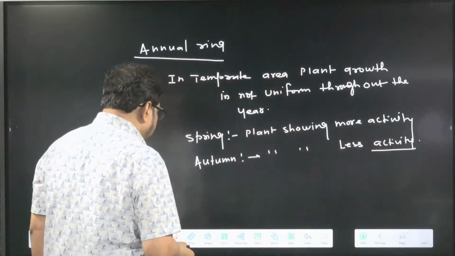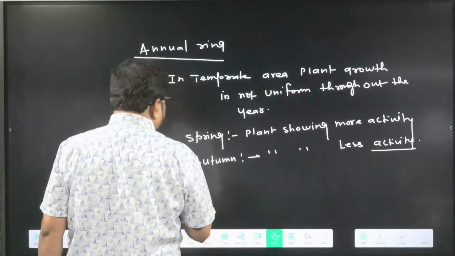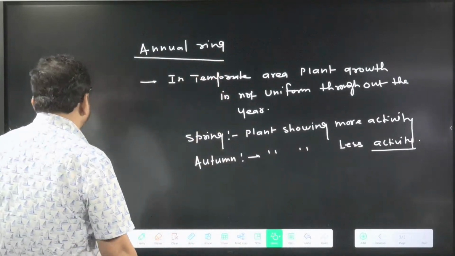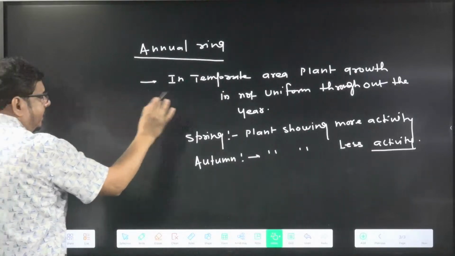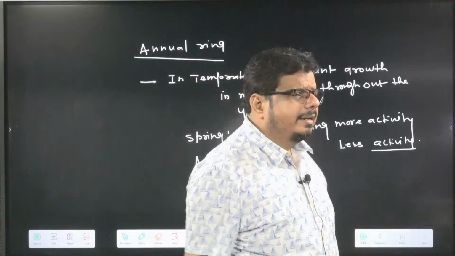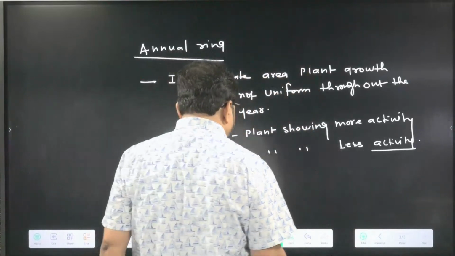Got the idea? Because this problem is not a problem of which area? Tropical region. So in tropical region, you will find the whole year it is showing almost the same kind of activity.